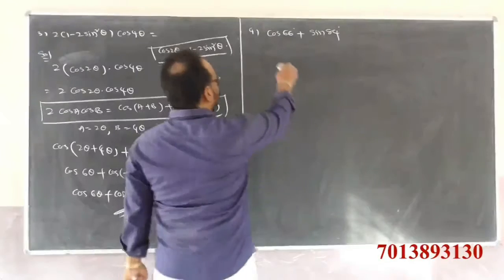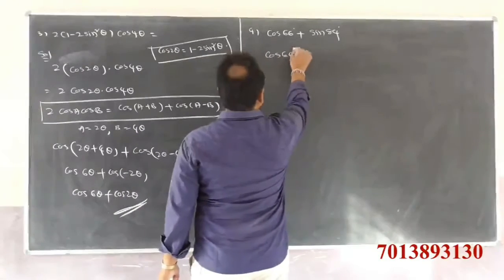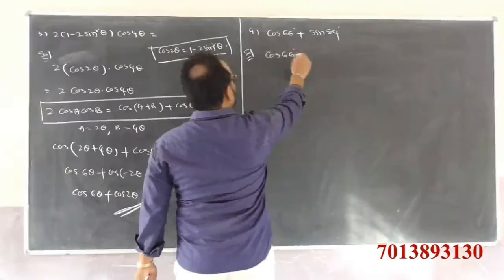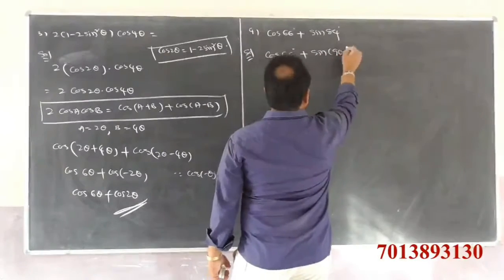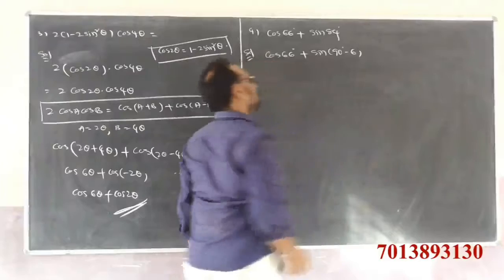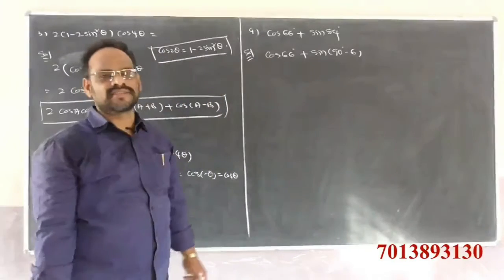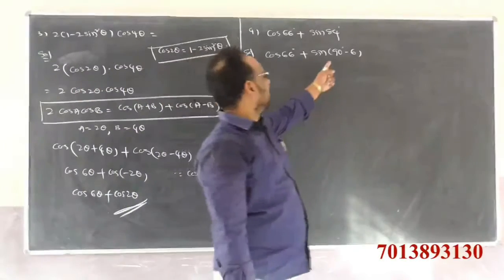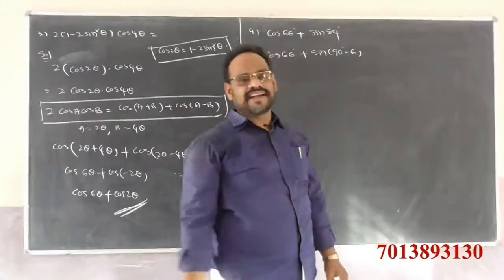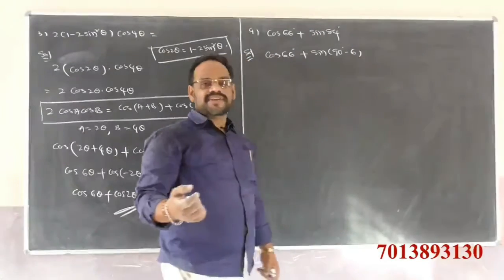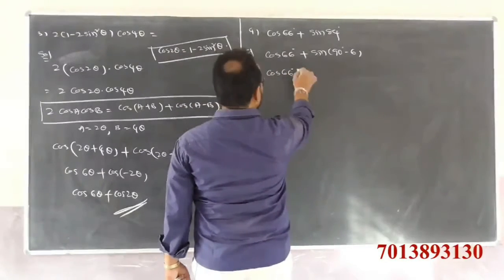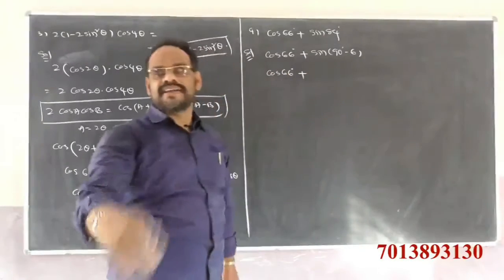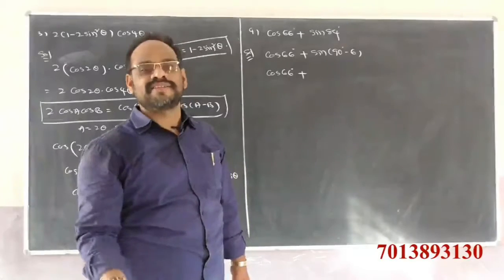So cos 66 plus sin 84. Sin 84 degrees can be written as 90 minus 6. Clearly 90 minus 6 is 84. We know cos 66 plus sin (90 minus theta).